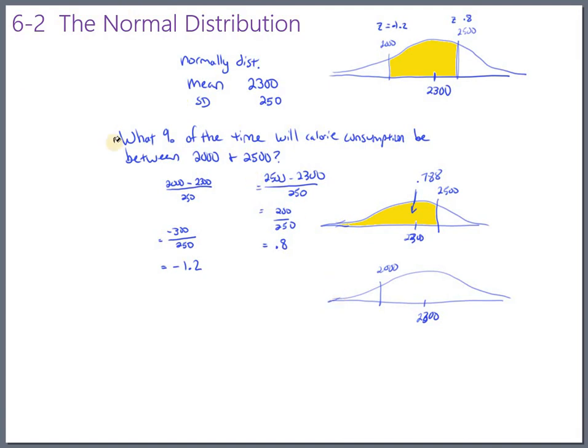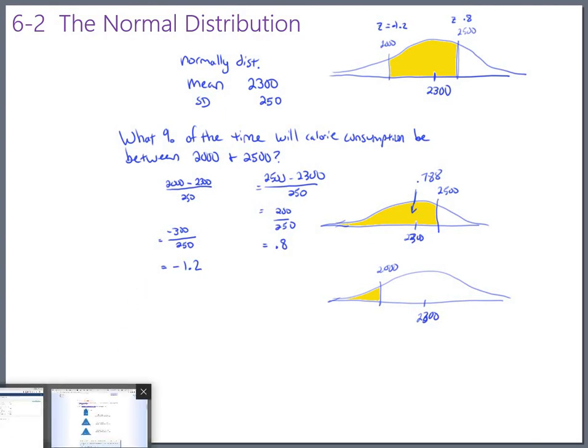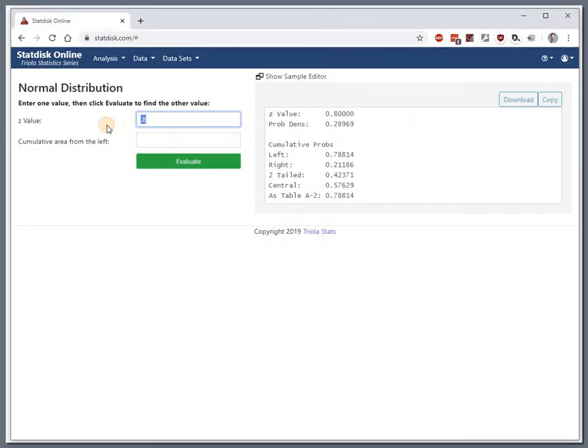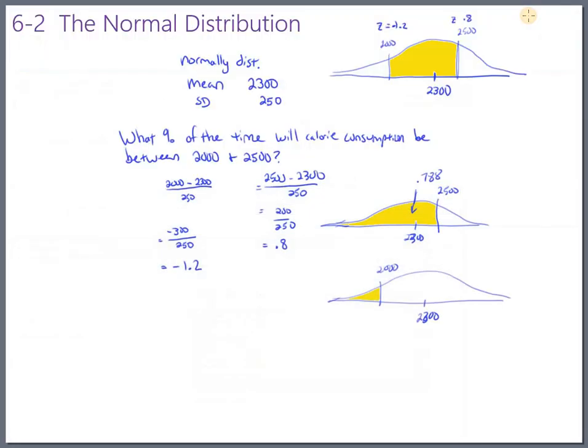And that will then be what I need to subtract off of 0.788. We'll do that with StatDisk as well. So that 2,000 was a z-score of negative 1.2. So let's put a negative 1.2 in. And the cumulative area to the left is 0.115. Just round to the same amount.